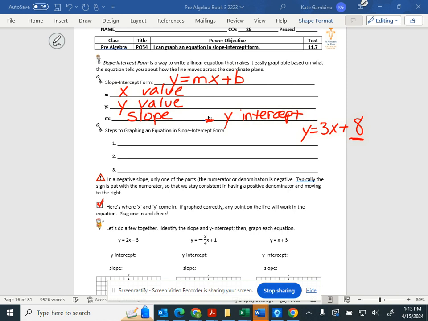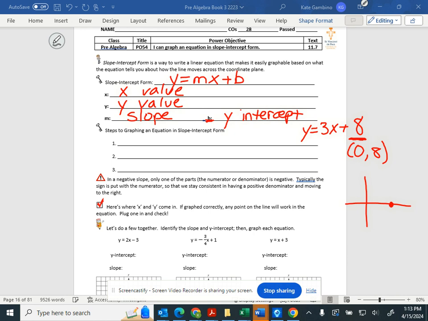I have to be able to graph this. Fiona? The y-intercept, 0, 8. So I need to look at that y-intercept and say, oh, my first point I'm going to graph is 0, 8. So if I graph 0, 8, how do I know where my second point is?